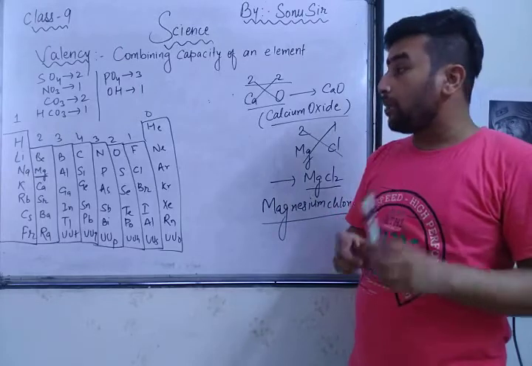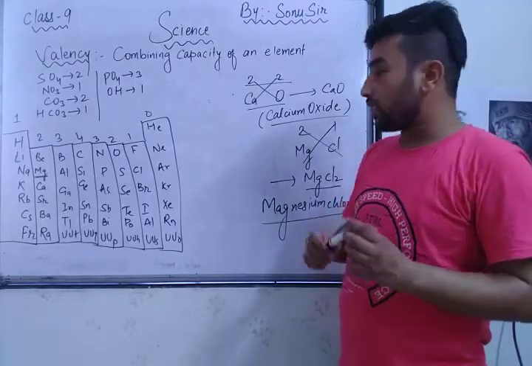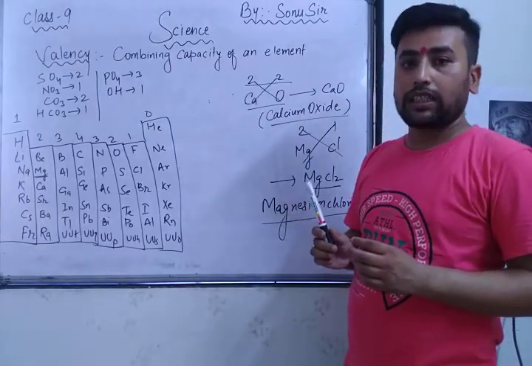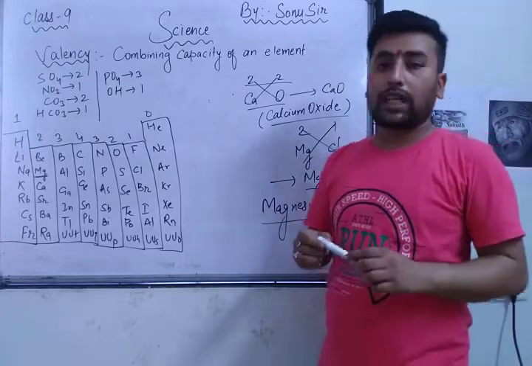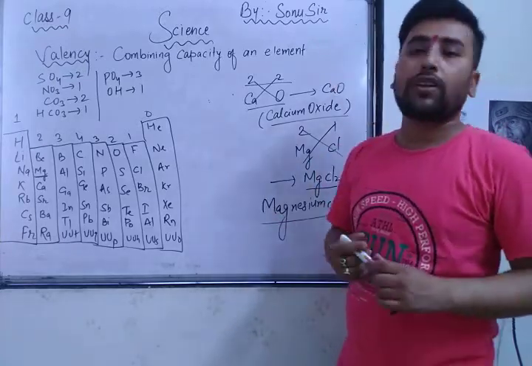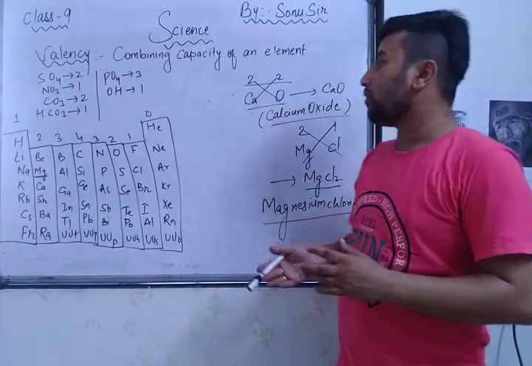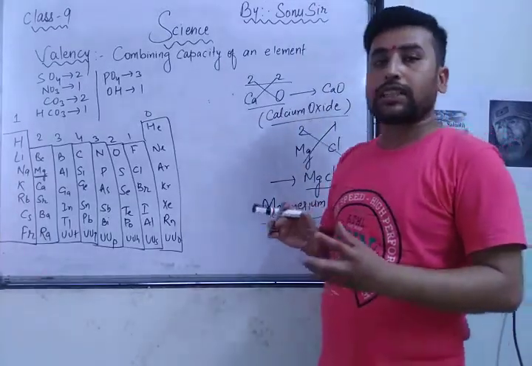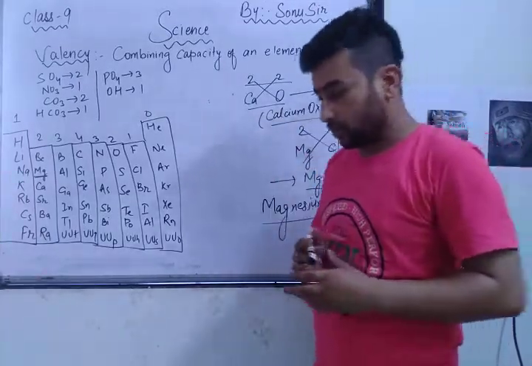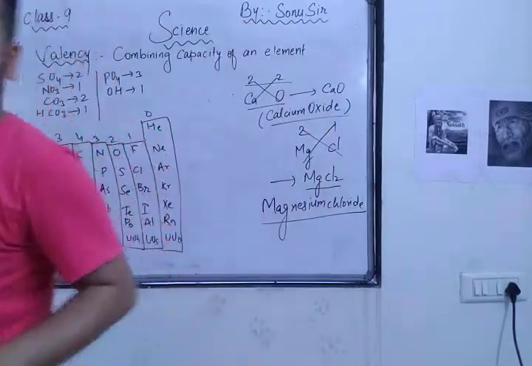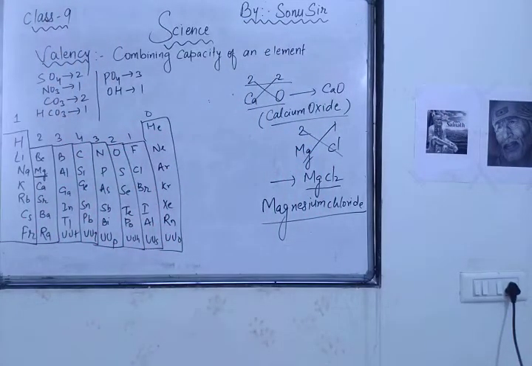So today's homework is related to chemical formulas, and you have to write the names of chemicals. First of all, you must know the valencies of these elements, and then you can write the names and the chemical formulas, and only then will you be able to solve this type of question. You can take a screenshot also.